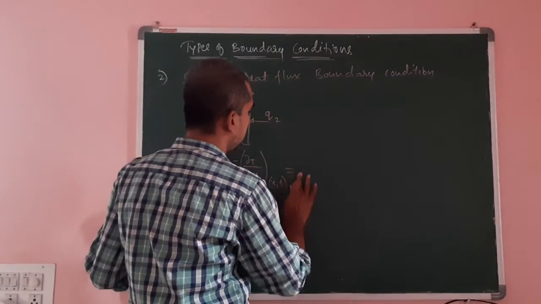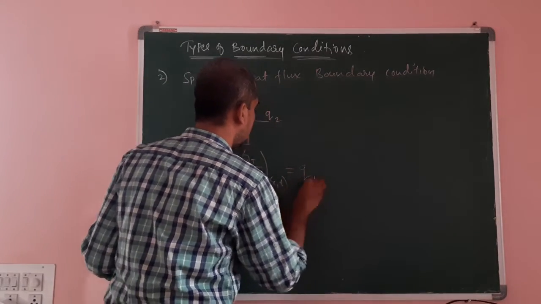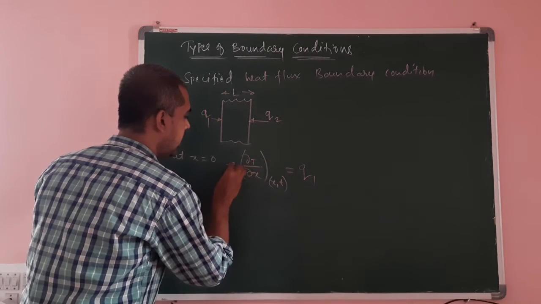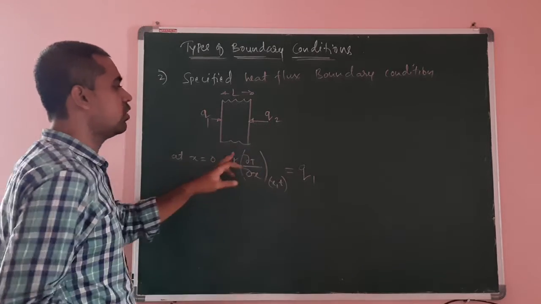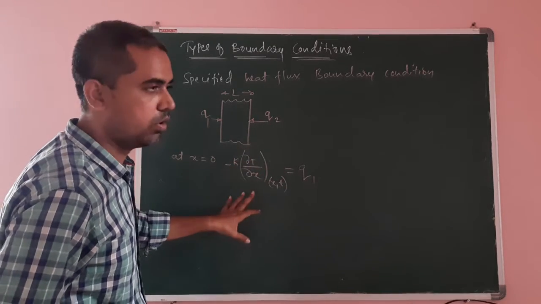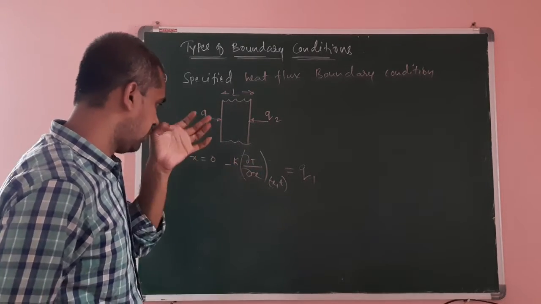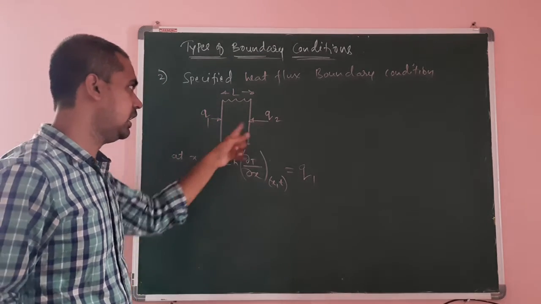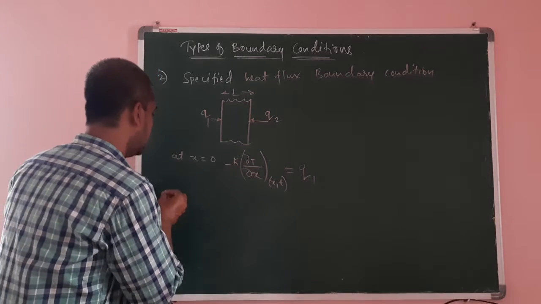This is heat transfer; for heat flux, it should be K A dou T by dou x from the Fourier law of conduction, but heat flux is nothing but heat transfer per unit area.